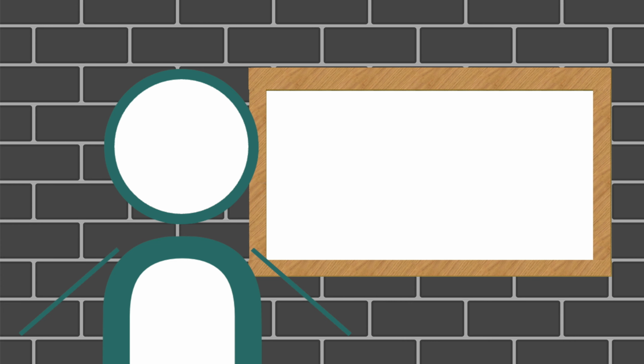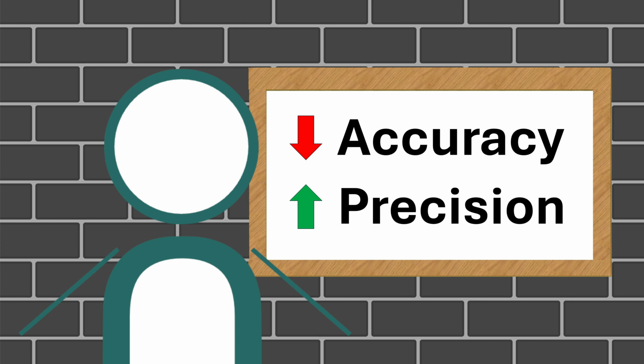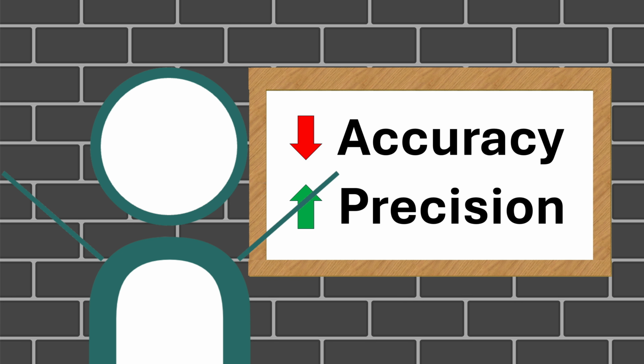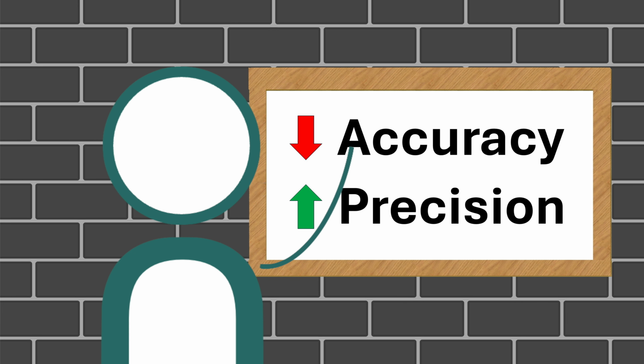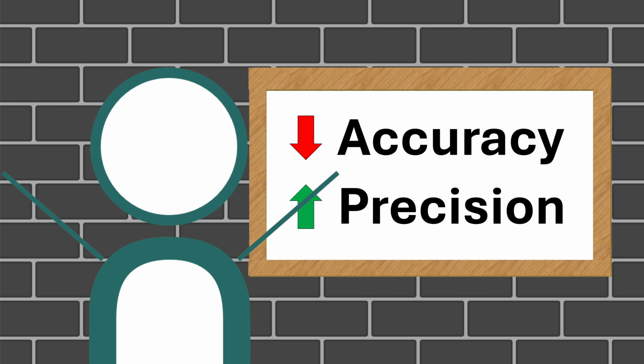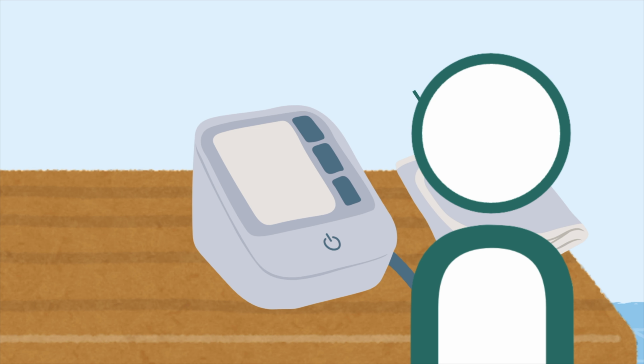The second situation is no accuracy but high precision. This means your results are close together, but the average is far from the real value. For example, a miscalibrated blood pressure monitor might always read 147 over 86 mmHg, even though the true value is 121 over 83 mmHg.